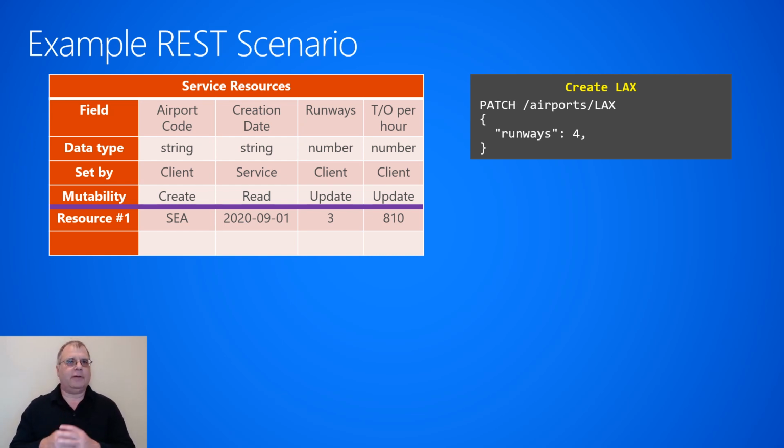You'll notice that after the name of each field, I then specify the data type for each field. So airport code and creation dates, those are stored as strings. The creation date would probably be stored as an RFC 3339 string so that we have a contract that is maintained between the client and the service as to the format of that string. The number of runways and takeoffs per hour, I put them in here as numbers.